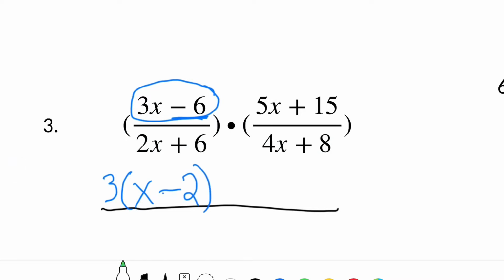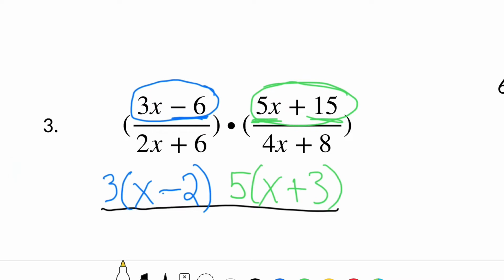Then you go on to the next one. Next one I'm looking at is 5x plus 15. Is there a GCF? Yes, 5. So you're going to take your first term, 5x, divided by your GCF, which is 5, and you get x. Next term is 15. 15 divided by your GCF is 3, so you plus 3.